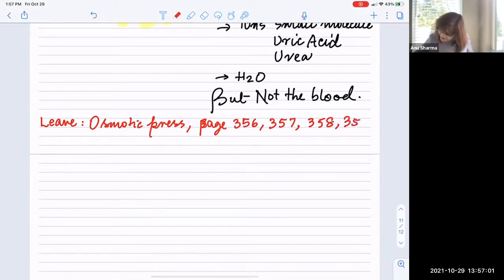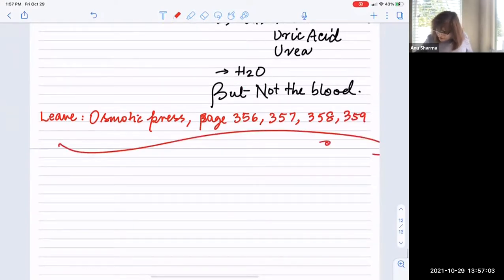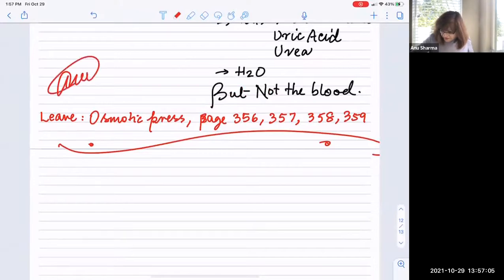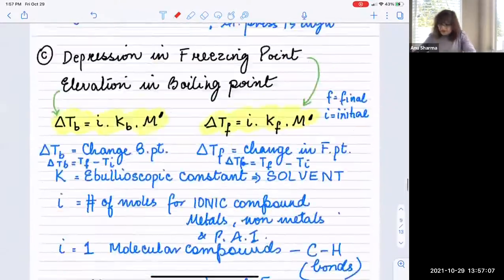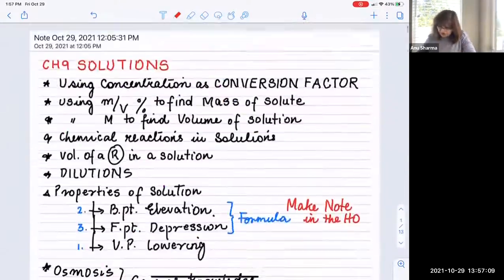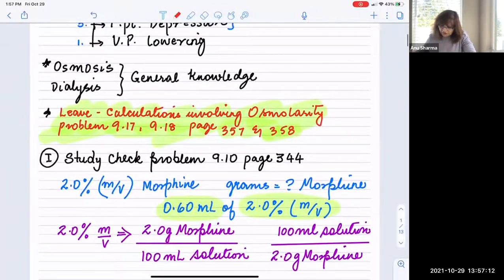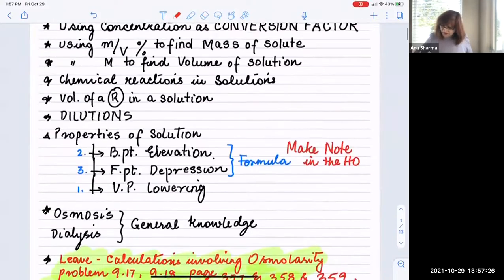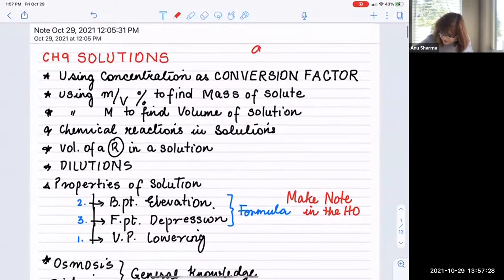So like I said initially, you only need to know the knowledge for this osmosis and the dialysis. You can leave it from 356, 357, 358, and 359. Okay, so all of these extra problems that are related to that.